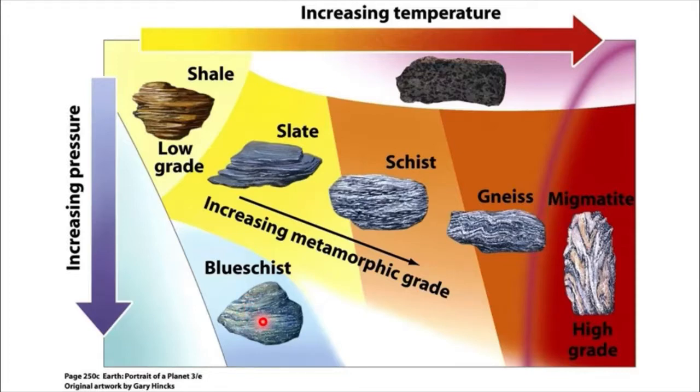So these are the different types of rocks that are produced with our diagram as presented here. I hope this helps you understand how pressure and temperature interact with each other to produce a different type of metamorphism or metamorphic rock.